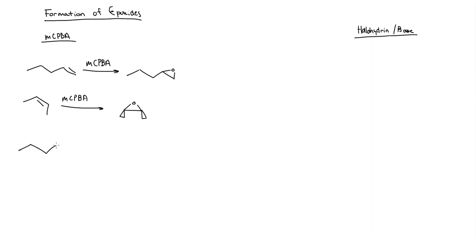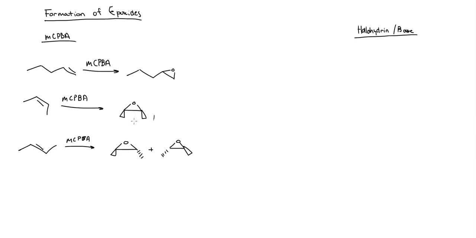Conversely, if I have a trans starting material or an E starting material, then that's going to continue to be the case in the actual epoxide. Those 2 methyl groups are trans from each other. In this case, this one's chiral, so we actually get both enantiomers as well.